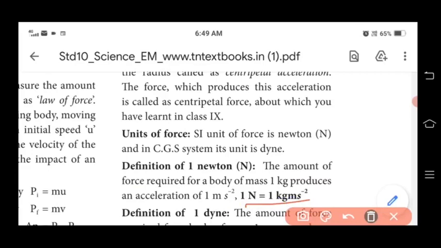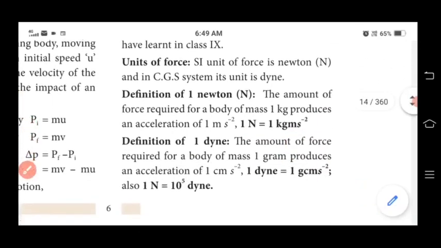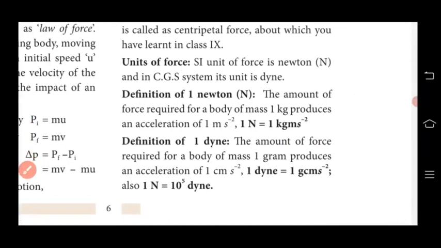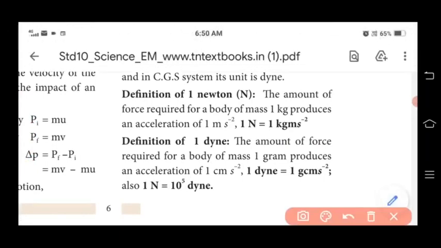And then another unit of force is the dyne. So define 1 dyne. 1 dyne is the amount of force required for a body of mass 1 gram, very important, 1 gram, to produce an acceleration of 1 centimeter per second square.